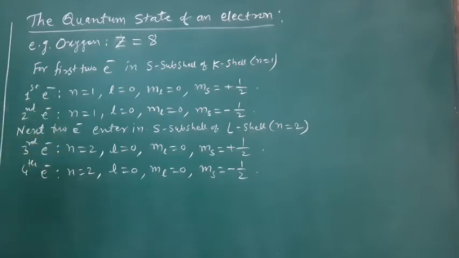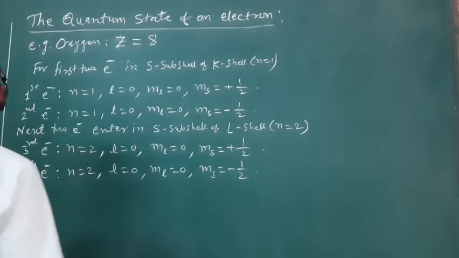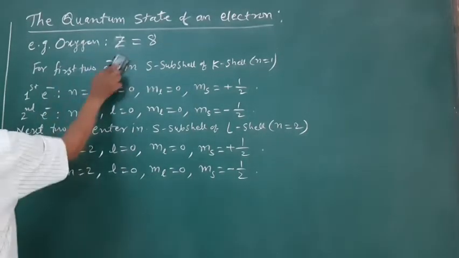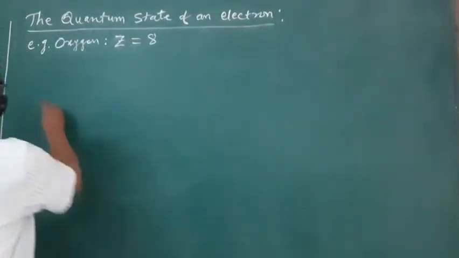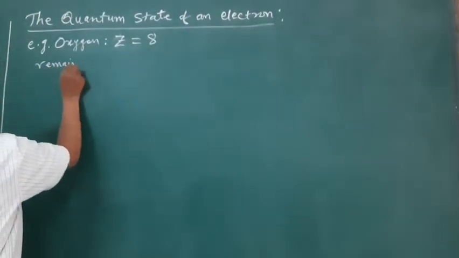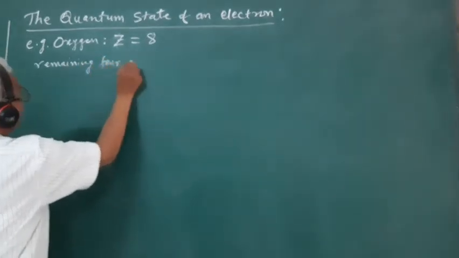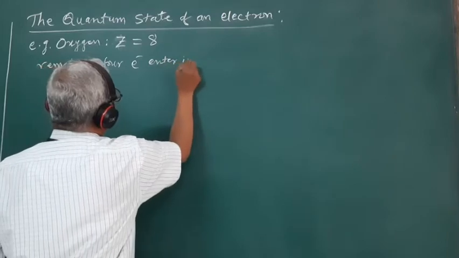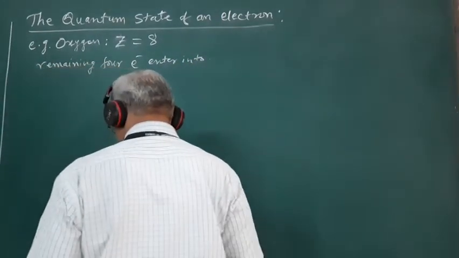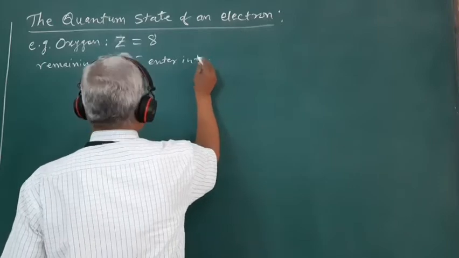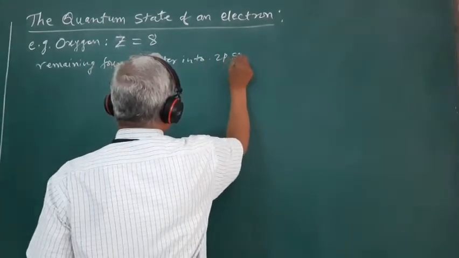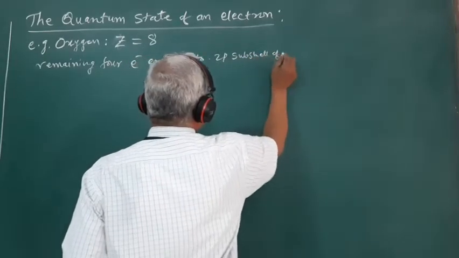So these remaining 4 electrons enter the p subshell of the L shell.